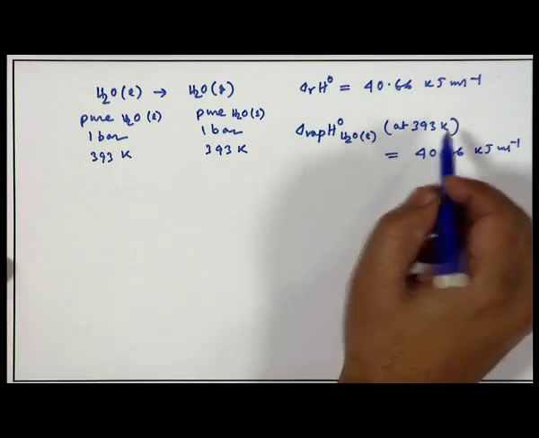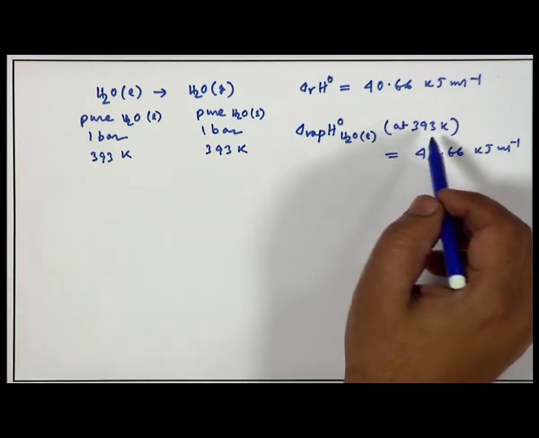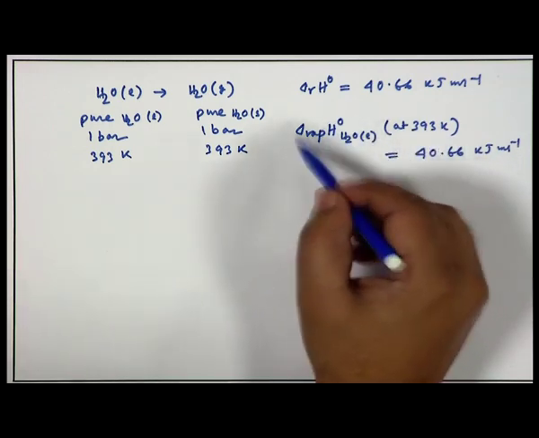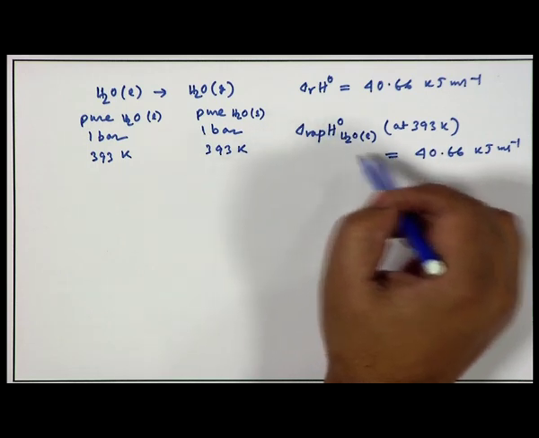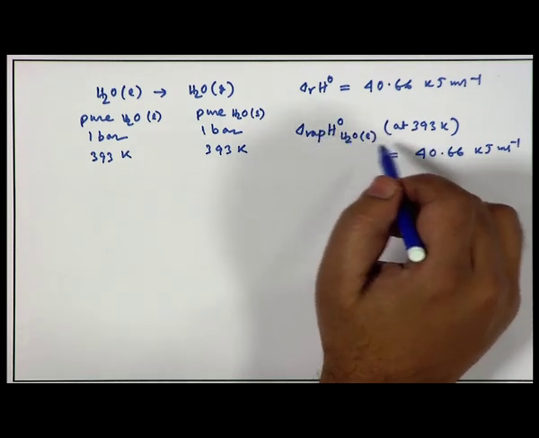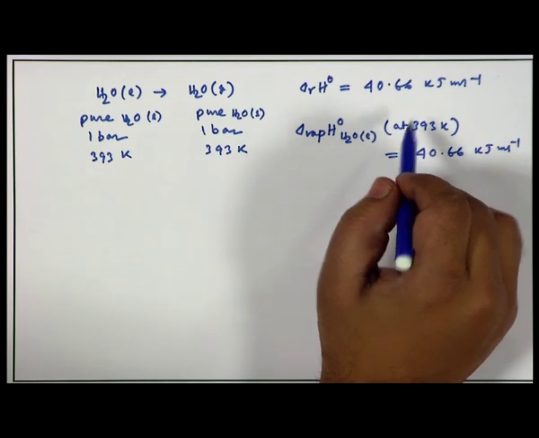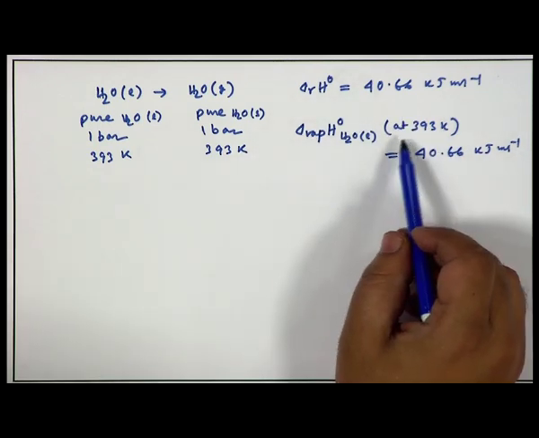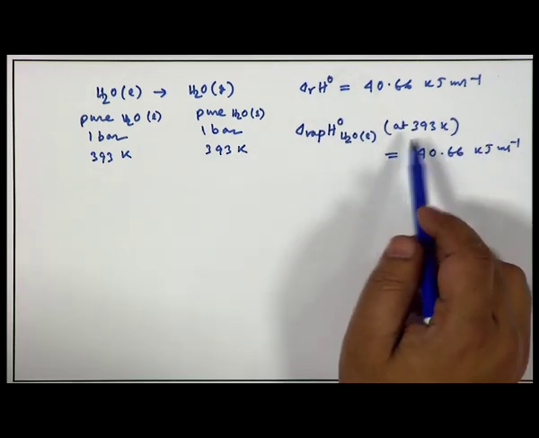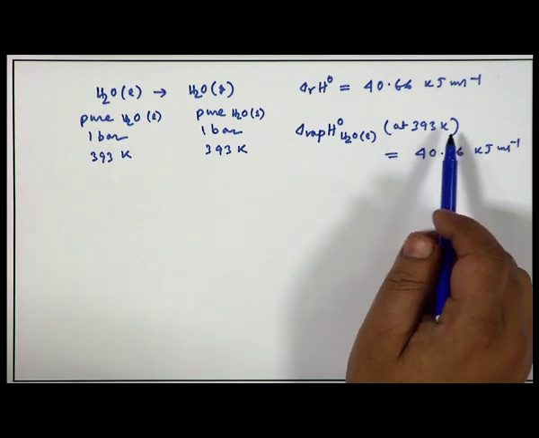So, this example where we are not talking about 25 degree centigrade. Likewise, any heat of reaction or heat of formation we can also define at a temperature other than 25 degree centigrade.